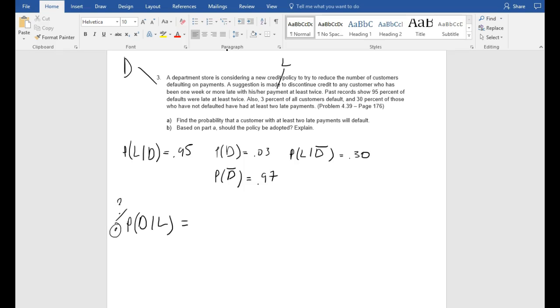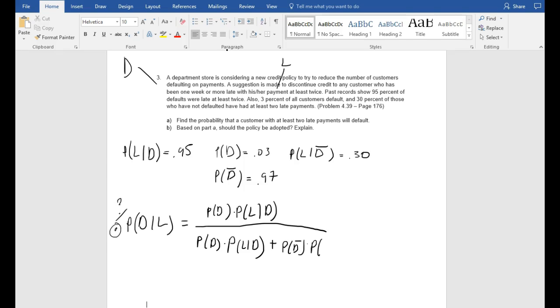If we apply D and L to it, it gives us the probability of D times the probability of L given D, all over the probability of D times the probability of L given D, the exact same thing, plus the other state of nature and its likelihood, which is the probability of not D times the probability of L given not D.